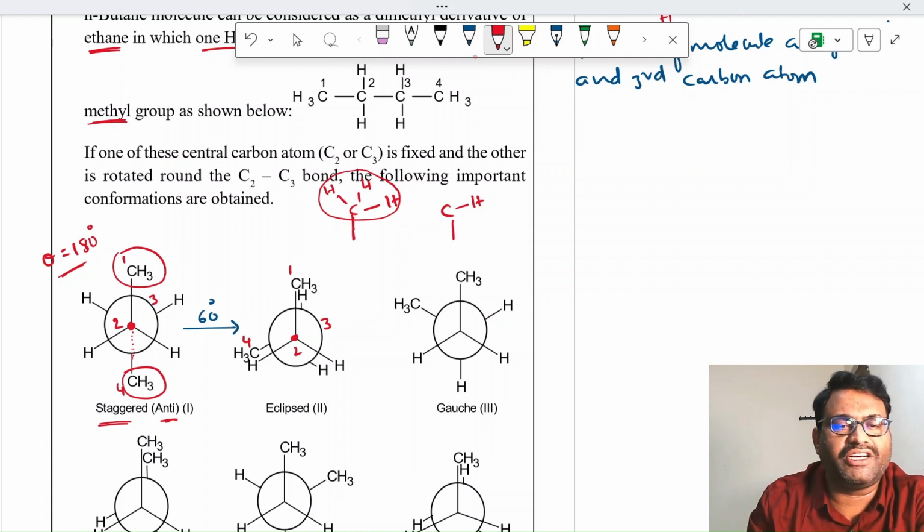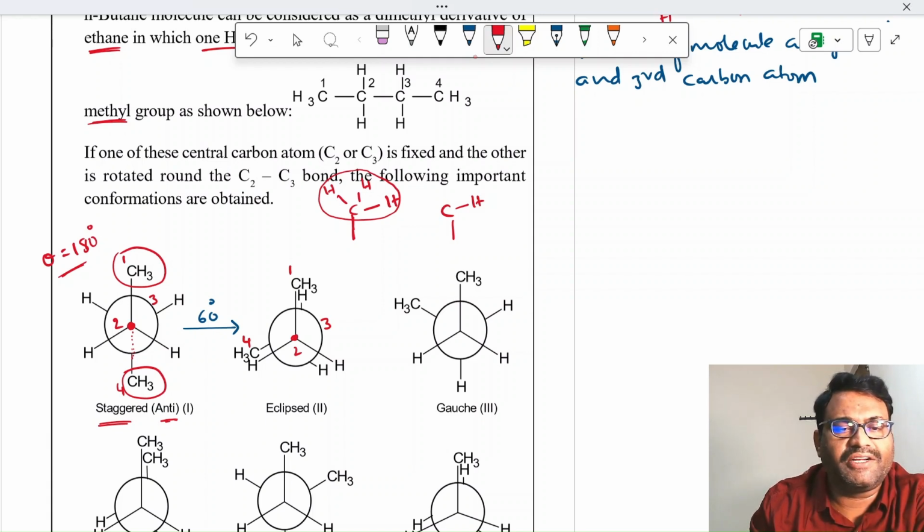Eclipsed, as we have already studied: the front atoms or groups are eclipsing the back ones, and the back atoms or groups are eclipsed by the front ones. The rear groups or atoms are exactly behind the front atoms or groups.